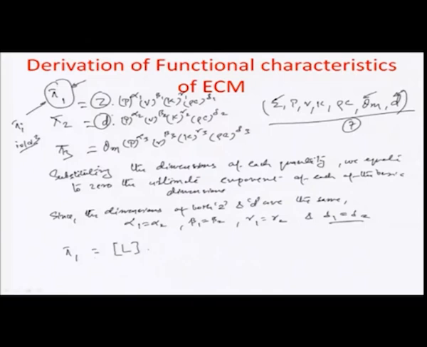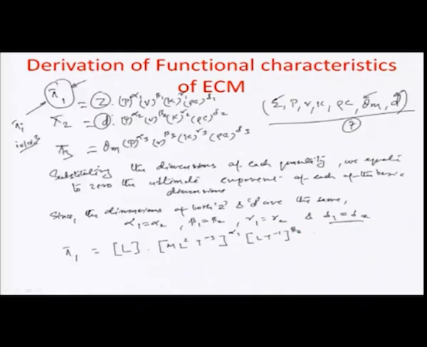So, this is L, the dimension for z, times the dimension for power here, which is m L square t minus 3, to the power of alpha 1, times the dimensions for velocity, L t minus 1, to the power of beta 1, times k, which is represented as m L t minus 3 theta minus 1, to the power of gamma 1, times m L minus 1 t minus 2 theta minus 1, to the power of delta 1.